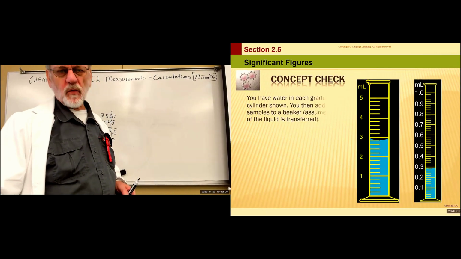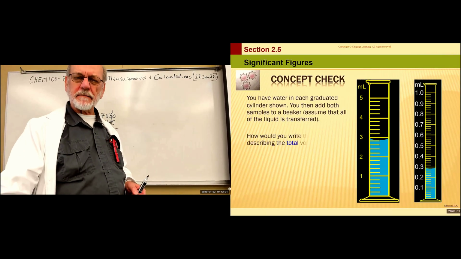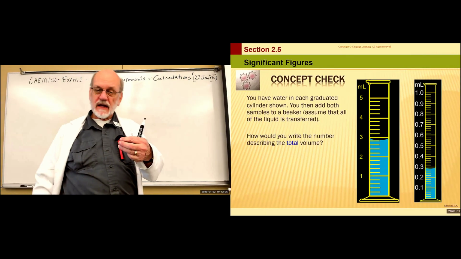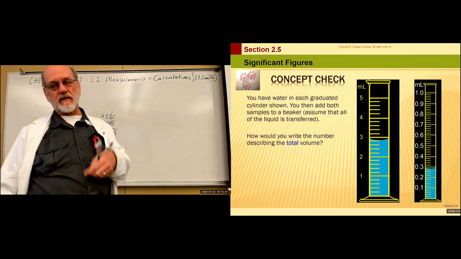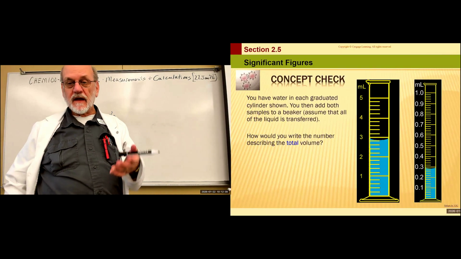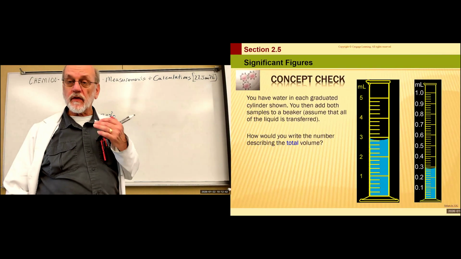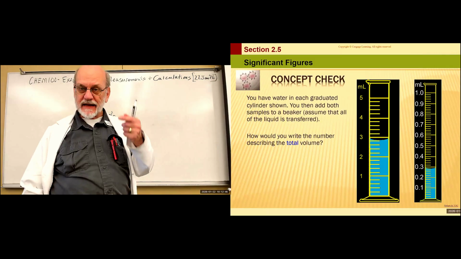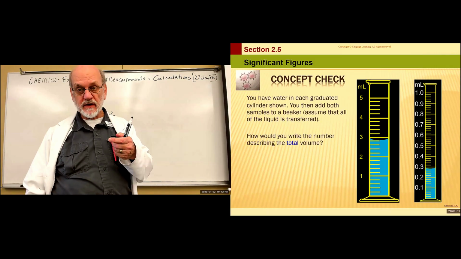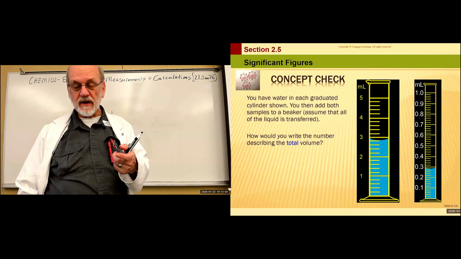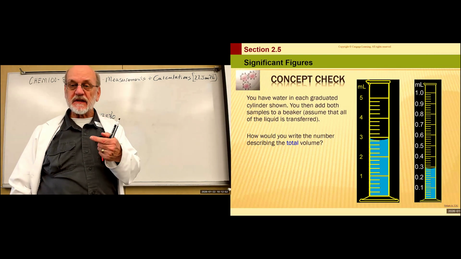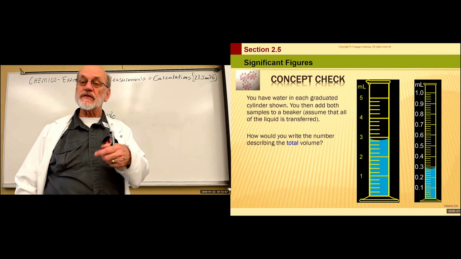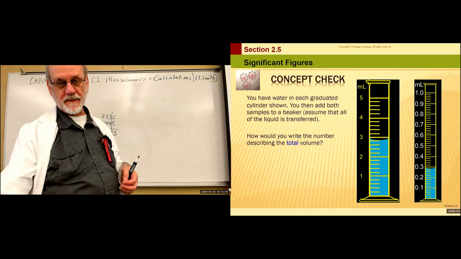We're just illustrating the point here that if you make 2 measurements of this liquid in the graduated cylinder on the left and the graduated cylinder on the right, the more accurate cylinder is the one on the right. The least accurate is the one on the left, and if you combine those volumes and report a value, it must be limited by the accuracy of the least accurate device, which is the cylinder on the left.